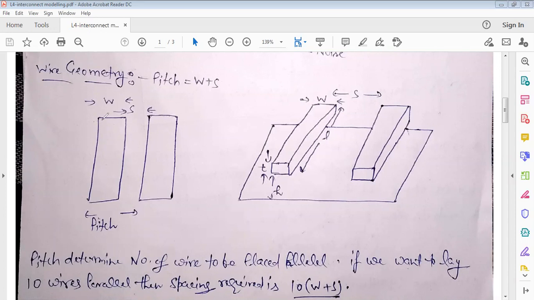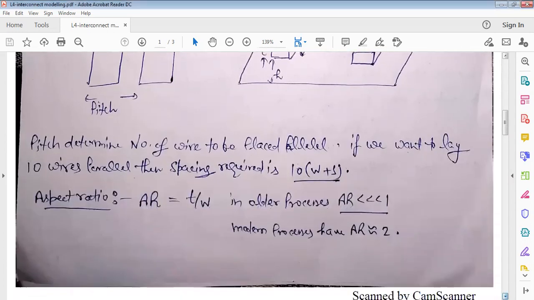If we place one wire here, the amount of spacing will be W plus S. Then the second wire will be placed and the spacing will again be W plus S. So if 10 wires are placed in parallel, the spacing is 10 times W plus S. With the help of pitch, we can determine the spacing required depending upon the number of wires we are placing.